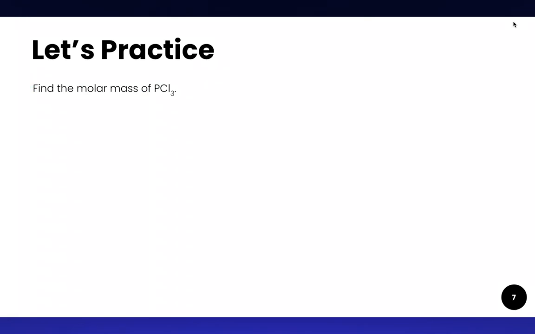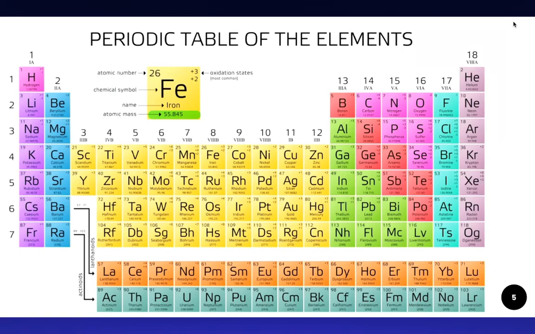Next, find the molar mass of PCl3. You're going to have to do this a lot going forward, so I thought we would just break it down with a simpler one. Okay, so I like to just list out the atoms in the molecule. So we have phosphorus and chlorine. And then I'll go to the periodic table and find their molar masses. So I'm going to take 3 significant digits off of this.